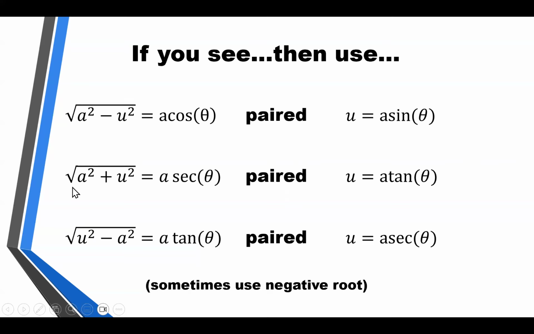If I have the square root of a squared plus u squared, I let that be a secant theta. And then I'd pair that with u being a times tangent theta. Square root of u squared minus a squared is equal to a tangent theta. We pair that with u being a secant theta. Sometimes you can use the negative square root as well, but that's the basic idea.